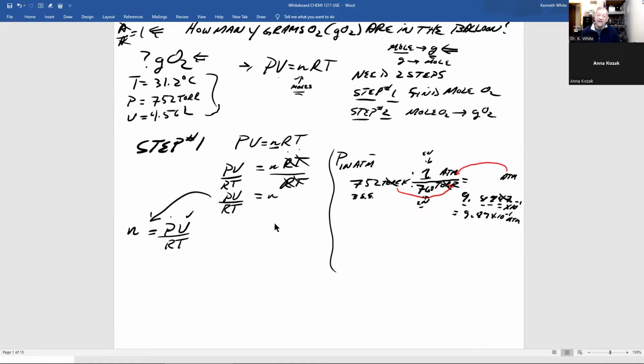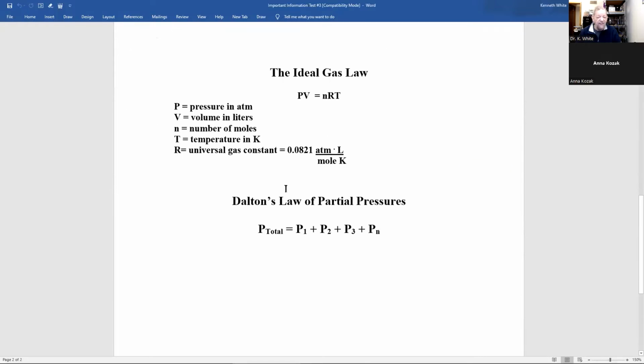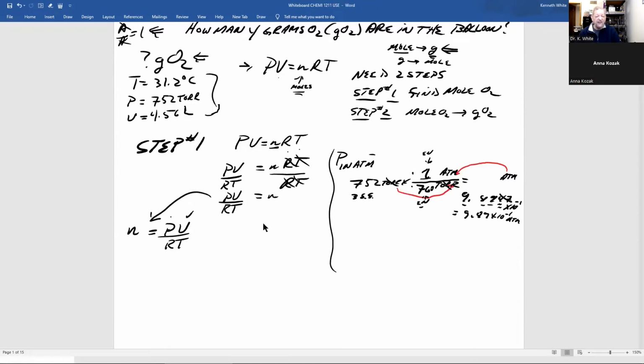Now, next I have to find the volume. In case you forgot, let's go back to important information. You'll see the volume has to be in liters. Oh, good news. The volume was given to us in liters, so I can write volume in liters is equal to 4.56 liters.